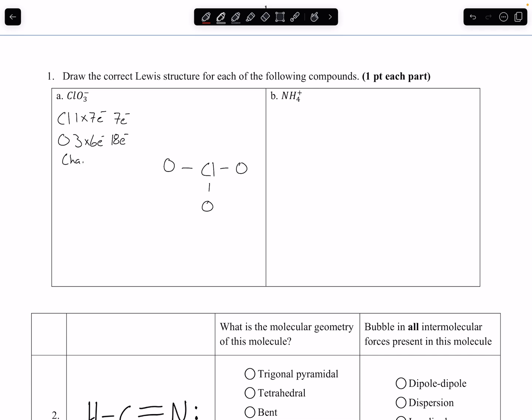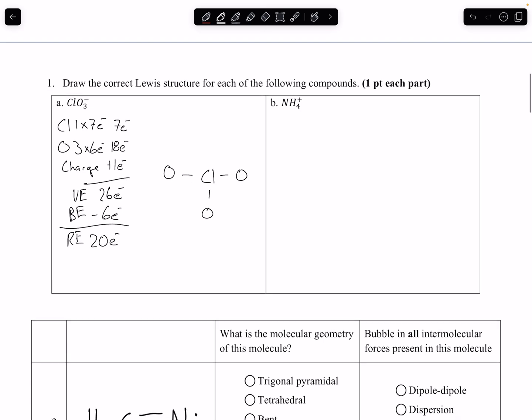And then we do have a charge, and it's a negative charge, so it's plus 1 electron. So 7 plus 1 is 8, plus 18 is 26 valence electrons. And then 2, 4, 6 bonding electrons. So we'll subtract those out because we already used them. So that'll give me 20 remaining electrons.